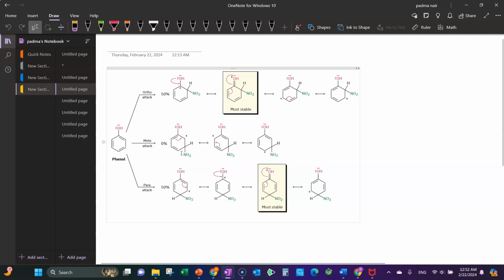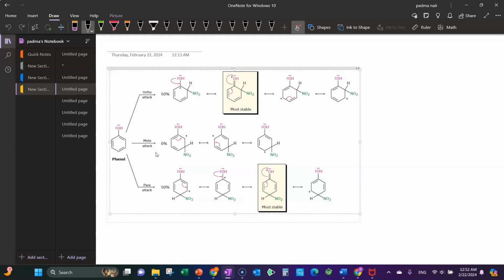However, let's look at another reason why we will not get any meta products, only ortho and para. So if you draw the sigma complex where the NO2 has taken the ortho position, you will see that we have a positive charge on the sigma complex that's formed at this carbon atom, which can be resonance stabilized in this form. Okay, like we did in the reactions where we formed the sigma complex earlier.